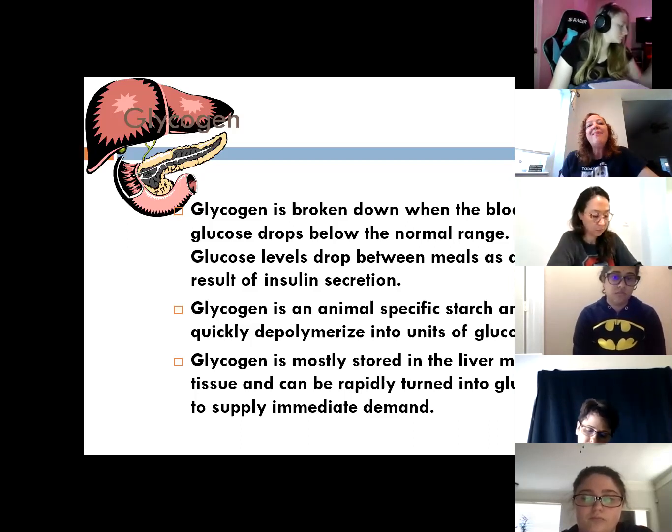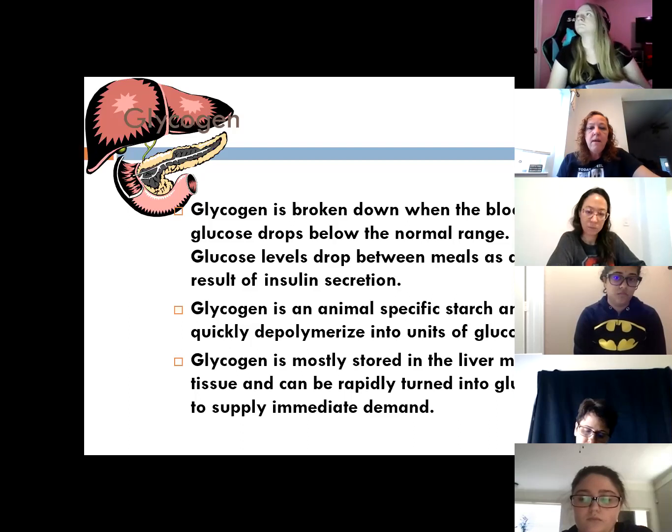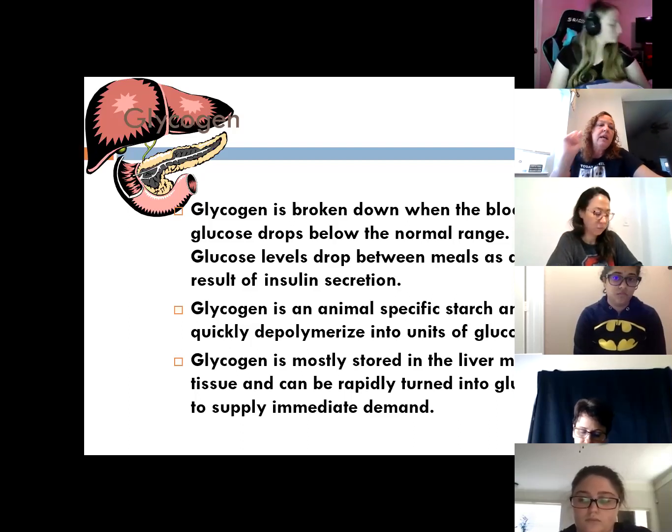So when you get that rush, when you get that second wind, when you get past hitting the wall, that's your liver dumping glycogen into your bloodstream.